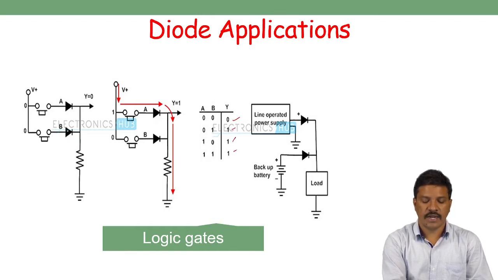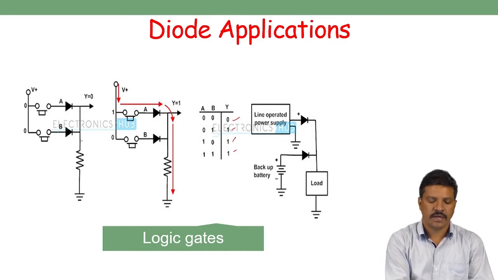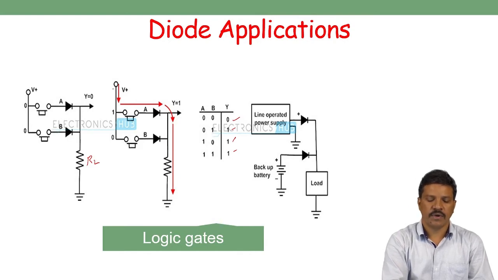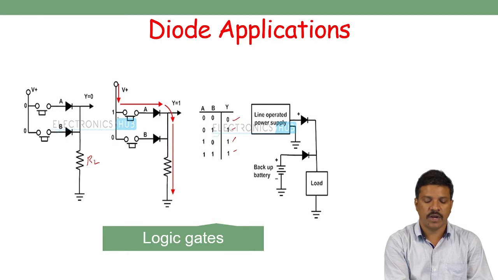So if you are connecting it this way, a V plus supply voltage is given to A and B through the switches, with the two PN junction diodes connected to the load resistor RL. So what happens when we give 1s and 0s to the input? Suppose in this case two zeros.